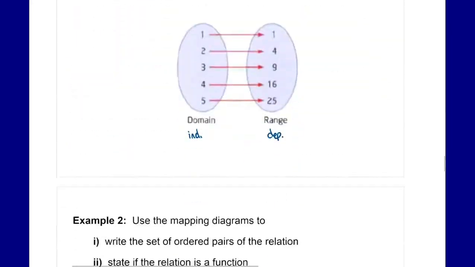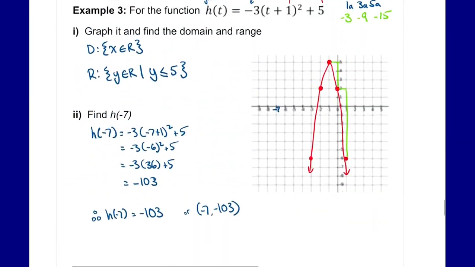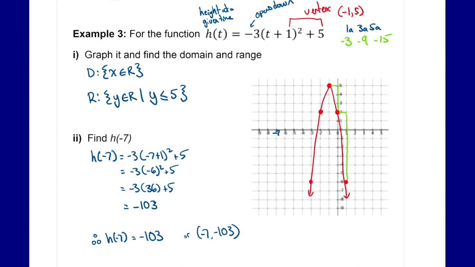We didn't really see it in this example, but if you're given a graph, just go over to that x value and find out what that y value is. Couldn't really do it with this one because it wouldn't be visible on the graph, but if it was, you can just find the value on the graph at a specific x value. But again, that's what we've looked at today. New concept, new way of looking at old concepts, I would say.